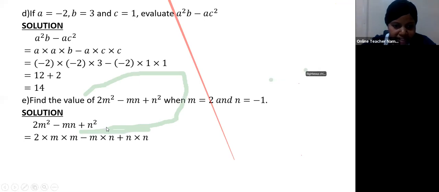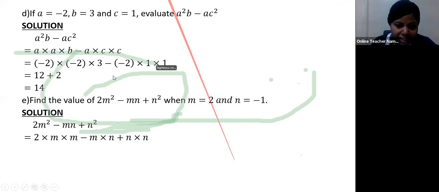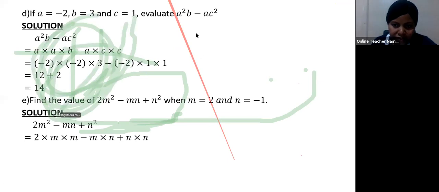And n squared is n times n. From here, replace where there's m, put a 2. And where there's n, put a -1. We are going to do that.